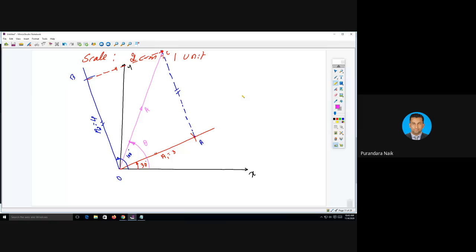Now find the value of A, the length, and theta, the angle. Tell me the answers, please.